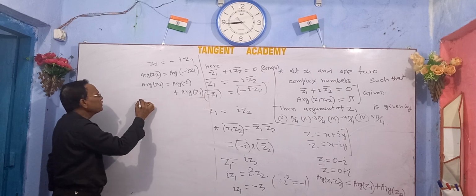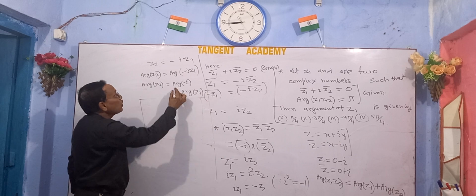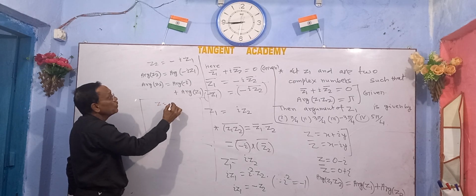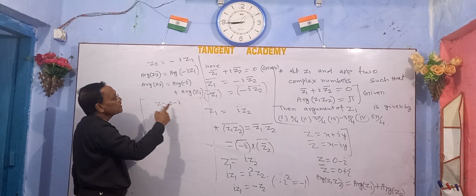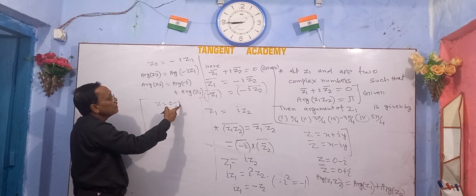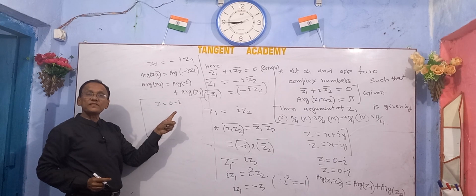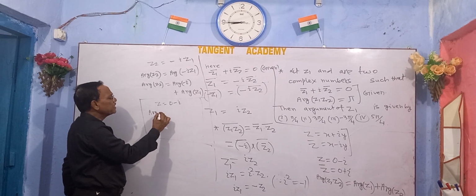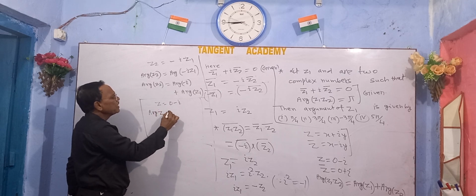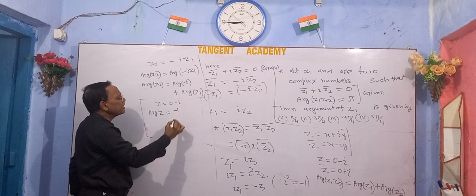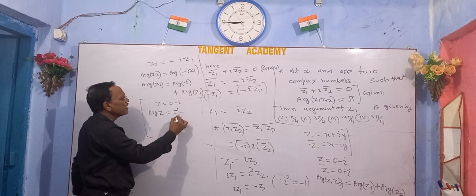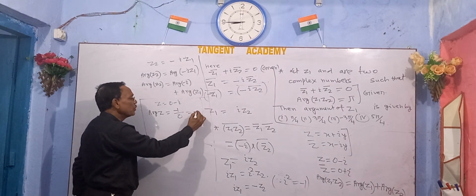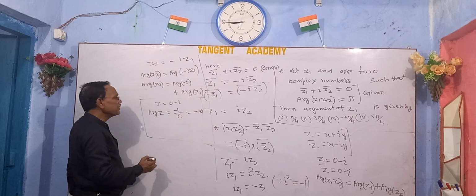Here I wish you to understand that the argument of minus i is minus pi by 2. Why? Because Z equal to 0 minus i has real part 0 and imaginary part minus 1. So the argument of Z, according to the definition, is tan inverse of imaginary part by real part. Real part is 0, and any finite number by 0 is infinity, so it tends towards minus infinity.